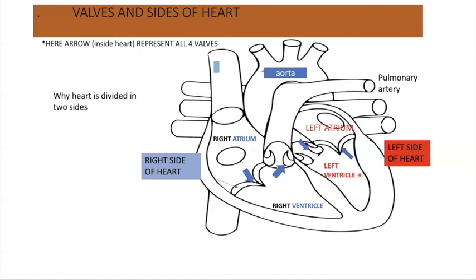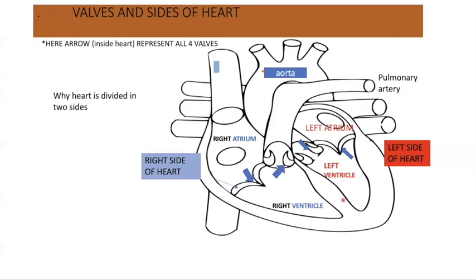So basically there are four chambers in our heart: right atrium, left atrium, right ventricle, and the left ventricle. And all these four chambers are separated from each other such that the blood won't get mixed up anyhow.